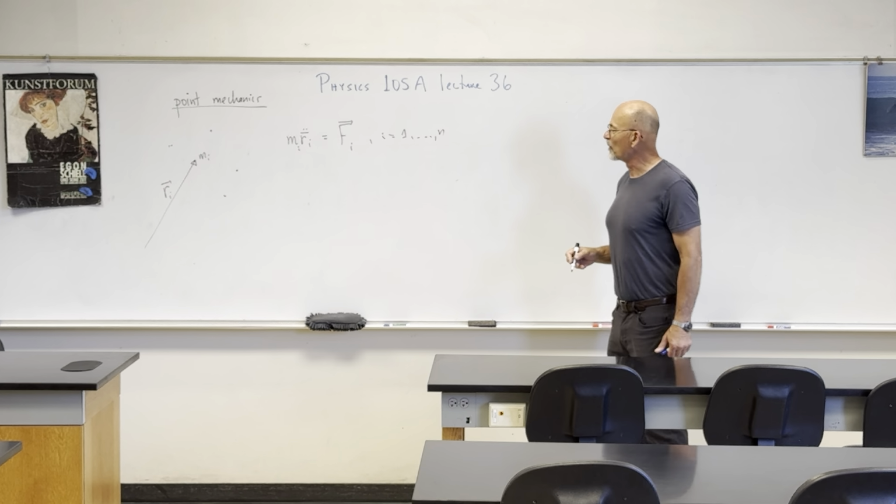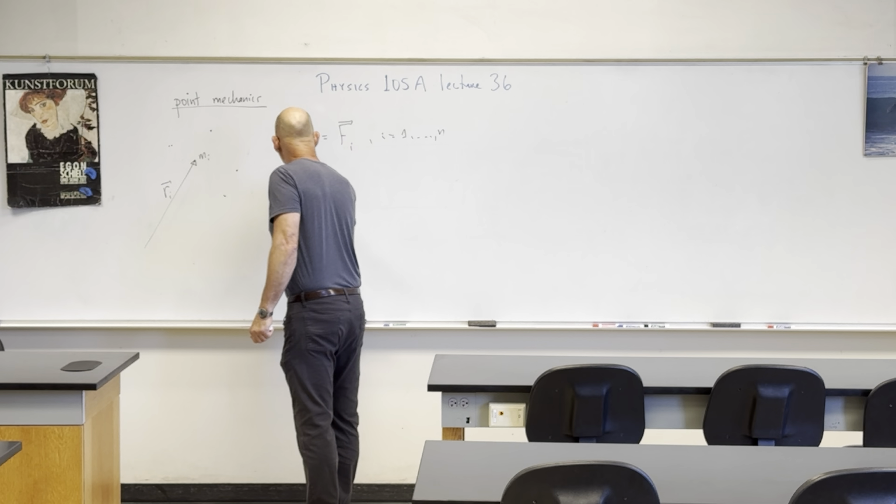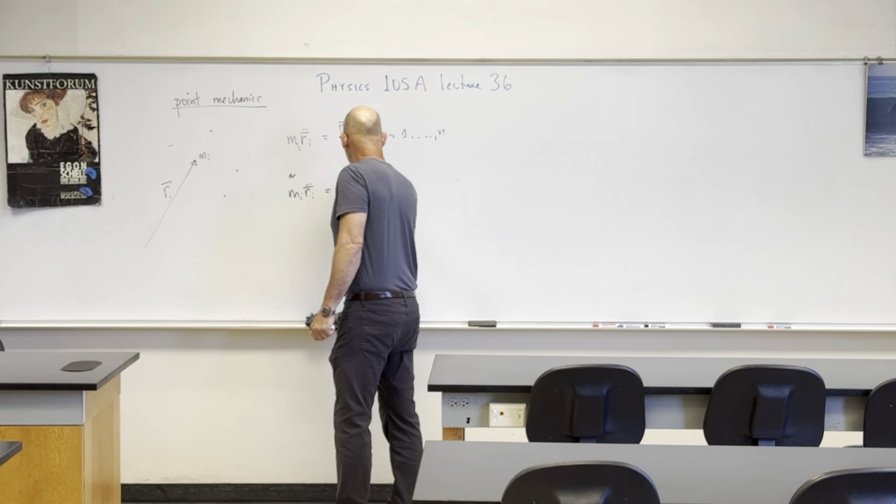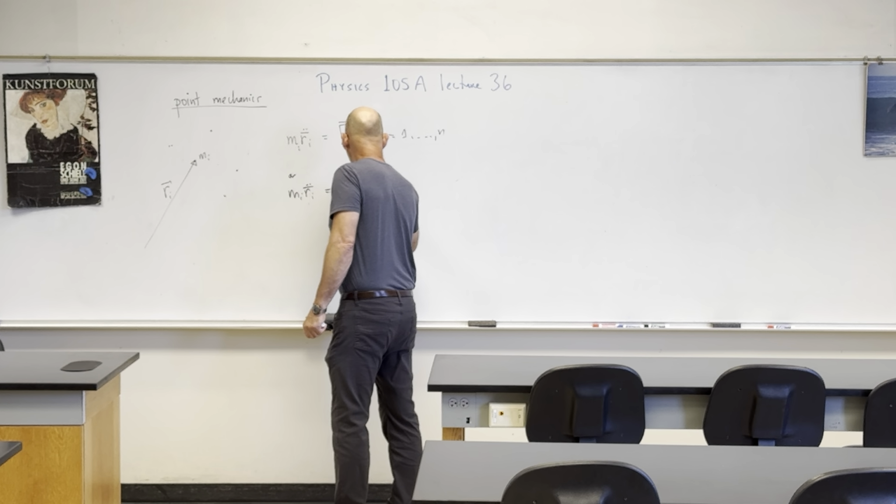First thing we did was break this force on the ith particle up into an external and internal force, which is convenient. So I'll write m sub i r sub i, two dots, equals the external force plus the sum of all the internal forces, j equals 1 to n, j is not equal to i.